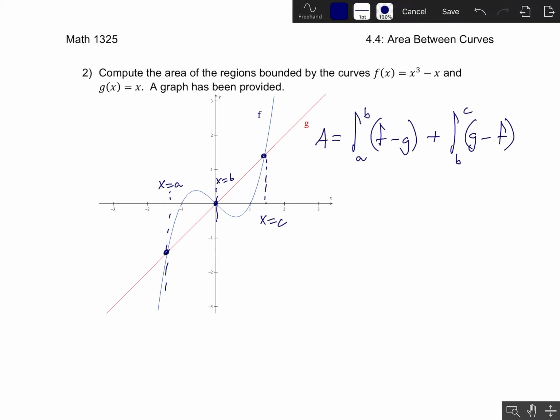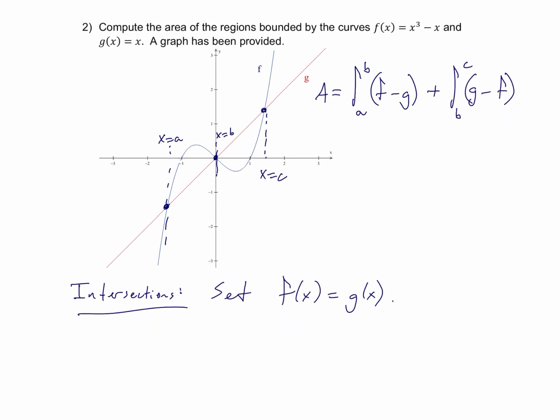So I want to know the x value where we get an intersection, and to find an intersection, I just set the curves equal to each other. So to find intersection points, we're just going to set f of x equals g of x, and then we'll solve that equation.